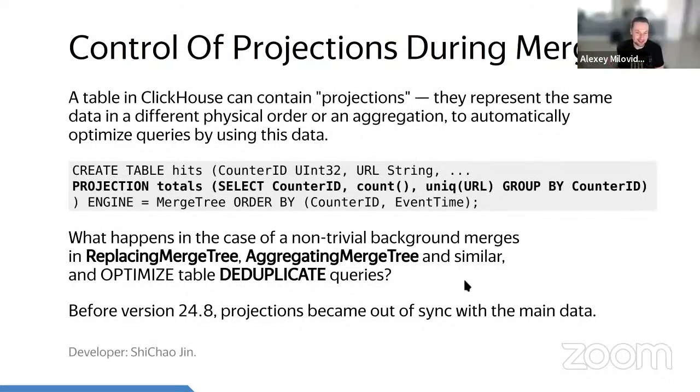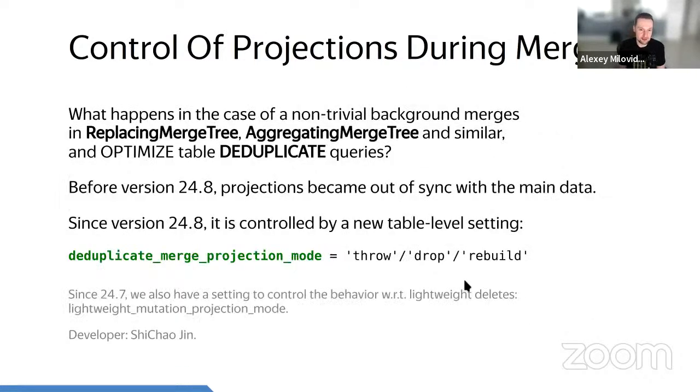In the new version, it is a little bit more sophisticated. You can control the behavior with a new setting: deduplicate merge projection mode. It has one of 3 values. Throw exception will not let you create projection or use it.